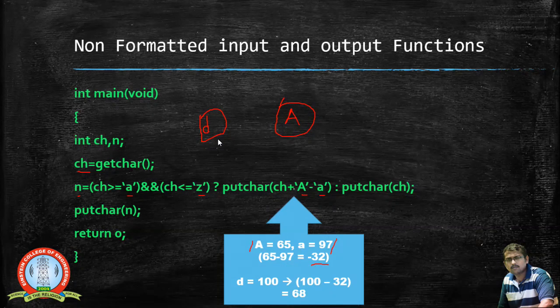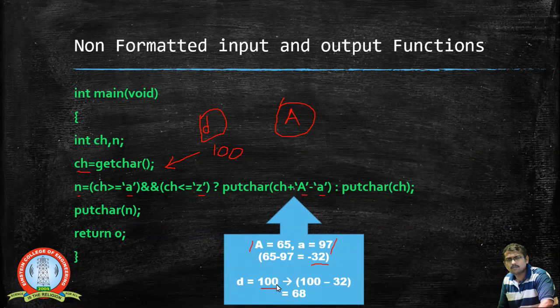Whatever character I enter over here, when you look into the ASCII value of D, it is 100. This 100 is there in the ch, because I have entered the value of D, and this D is being stored in this ch. So ch will consist of the ASCII value of this D, which is 100.